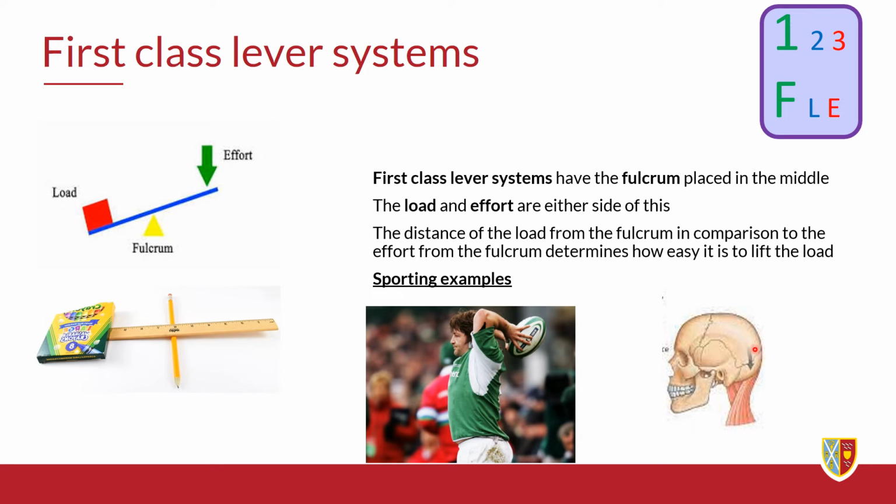Likewise in the neck, the joint would be here, so load could be here, then the fulcrum, and then the effort of the muscle attached here. So heading a football, taking a throw in or a line out in rugby, and tricep extension are very good sporting examples for the first class lever.